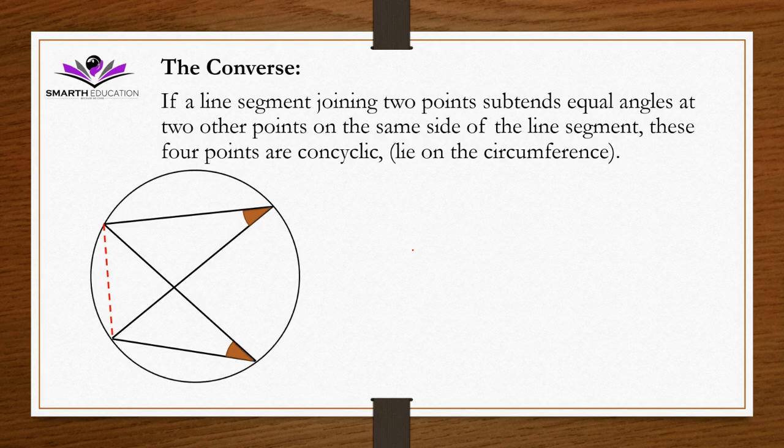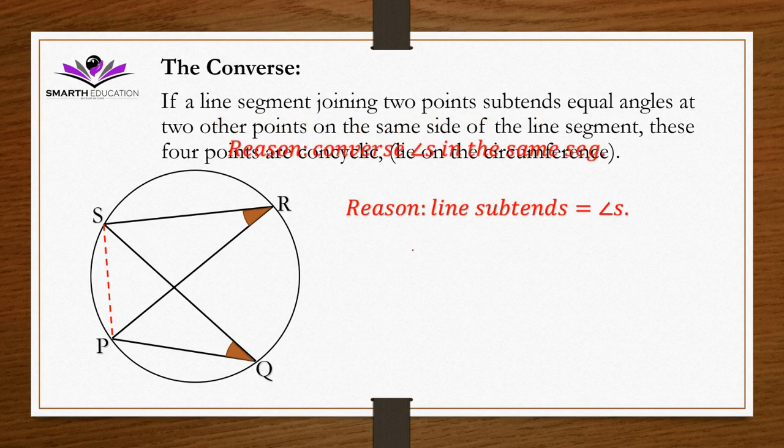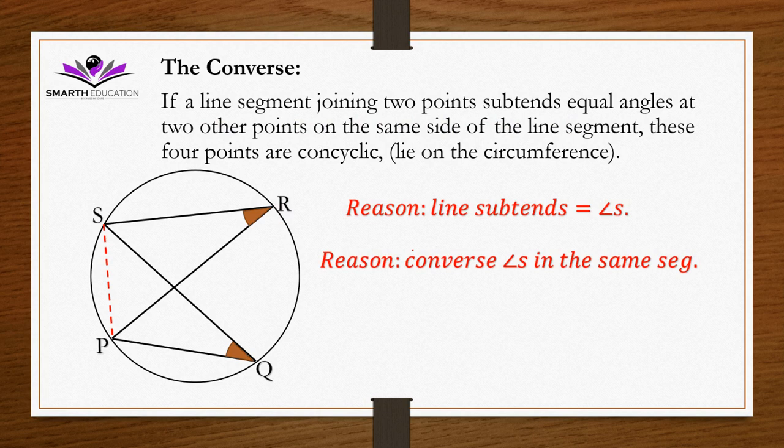So meaning that P, Q, R, S are concyclic. Do you see that? That's the converse theorem. Okay, and then the reason we write, we say line subtends equal angles, or say converse of angles in the same segment.